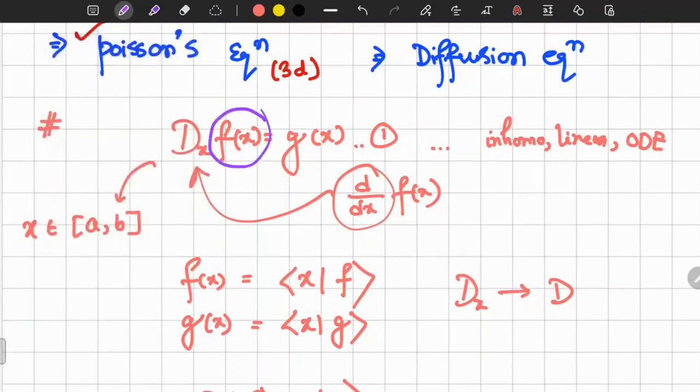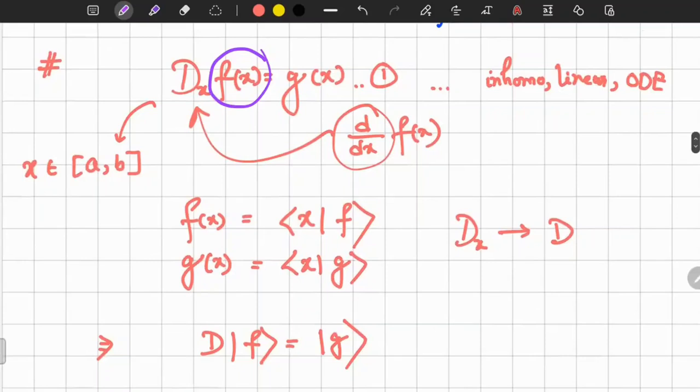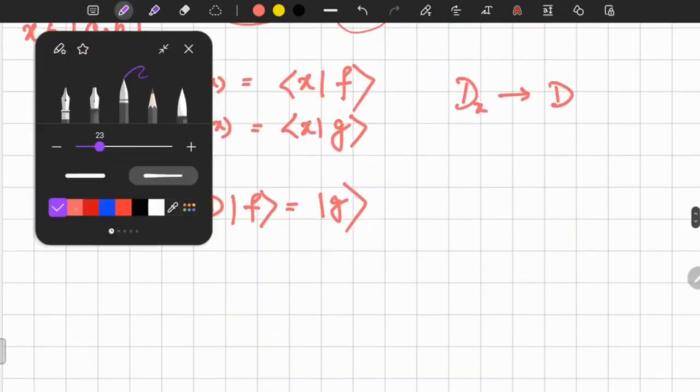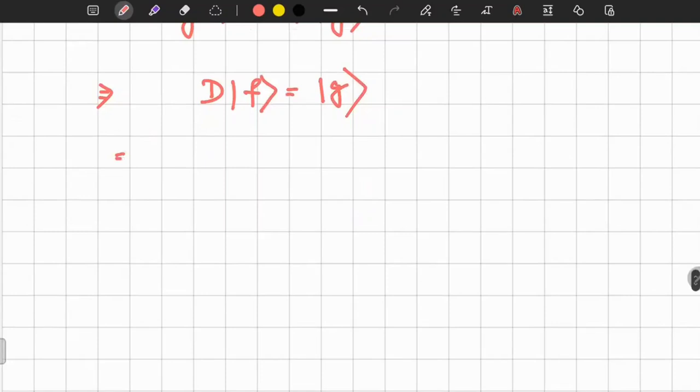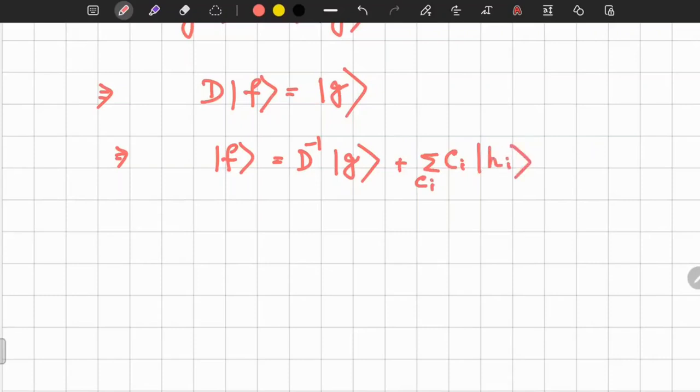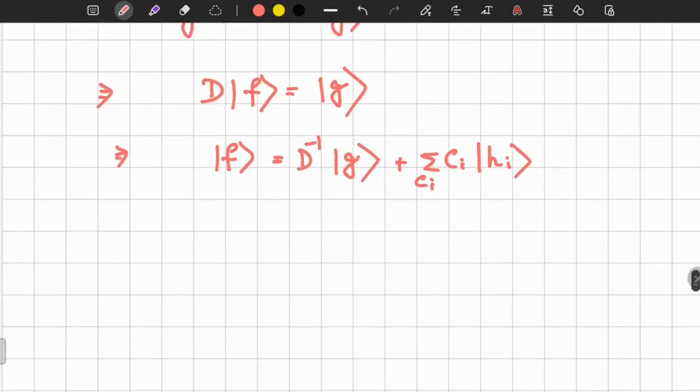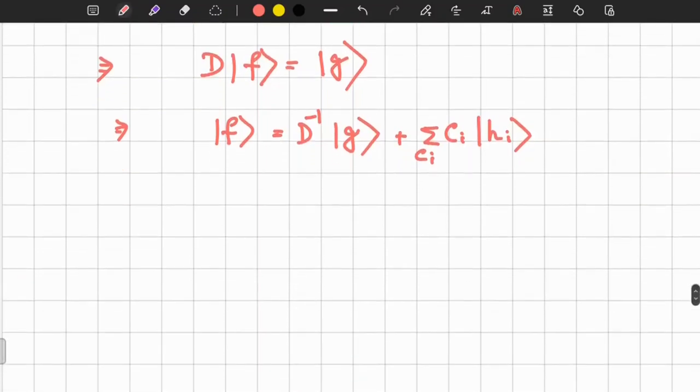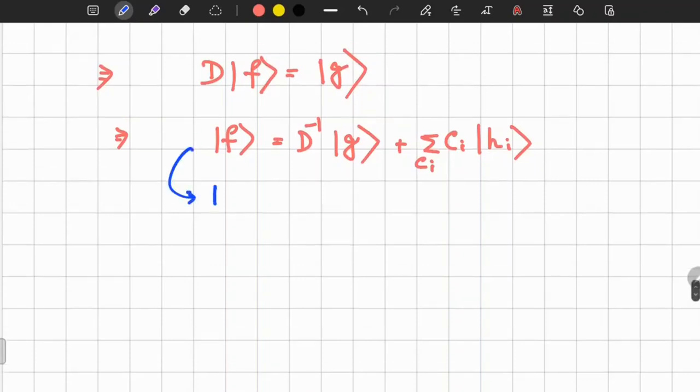Now solving this equation means we need to find the value of f(x), which is the output of this equation after solving. So we can write |f⟩ as D inverse of |g⟩. But this is not the whole thing, because in general, let's say we apply the D operator on both sides.